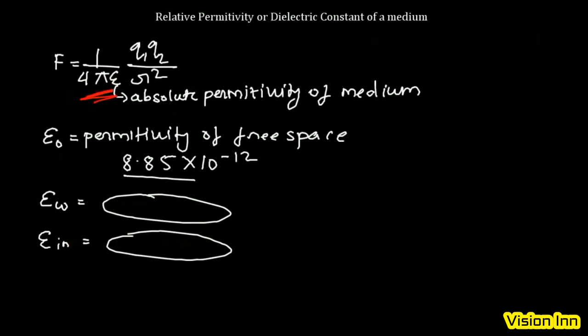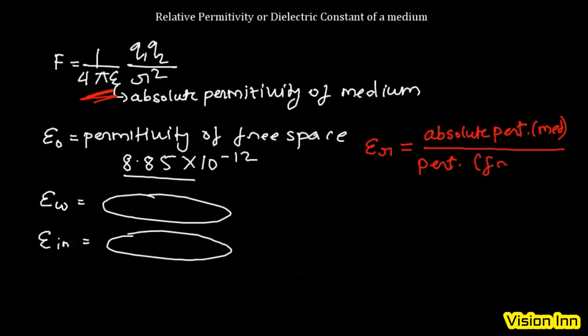So what has been found out is epsilon r, which is relative permittivity, which means we have to compare the permittivity of a medium with that of air or vacuum. So relative permittivity is basically given by absolute permittivity of the medium upon permittivity of free space.